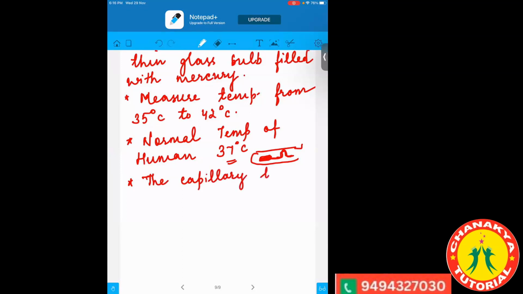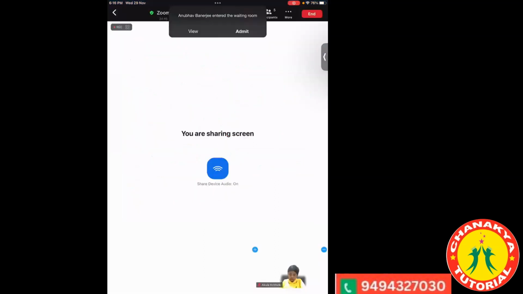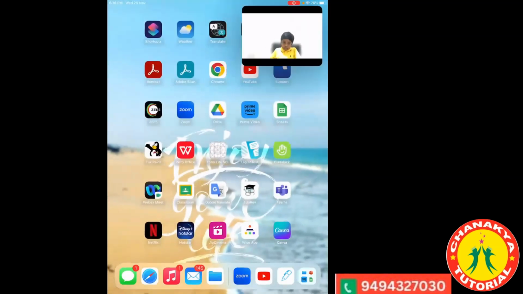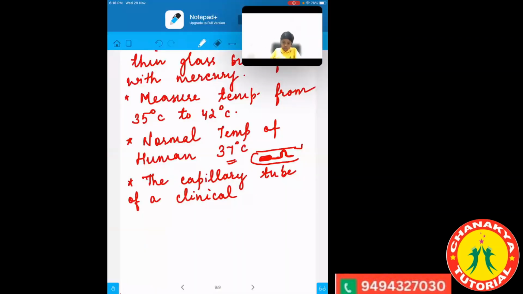So the capillary tube of a clinical thermometer has a bend.